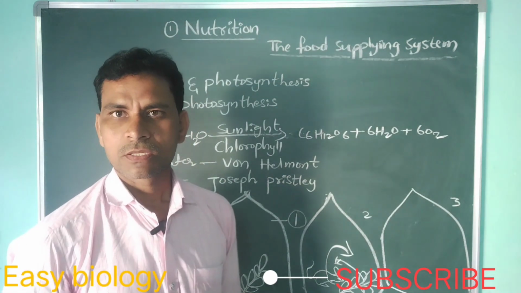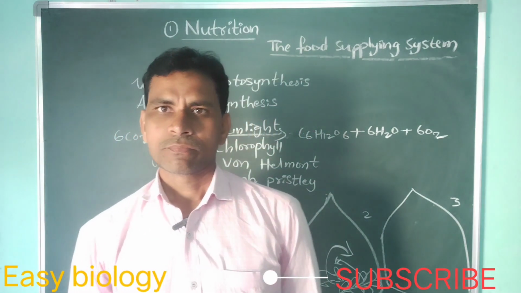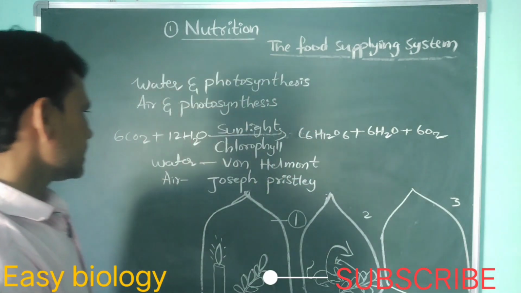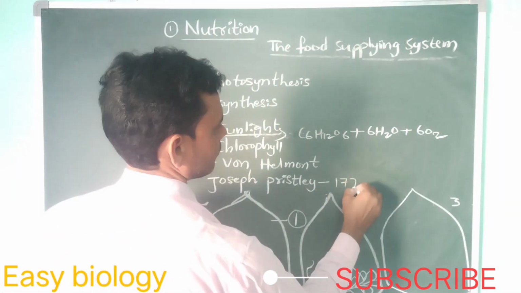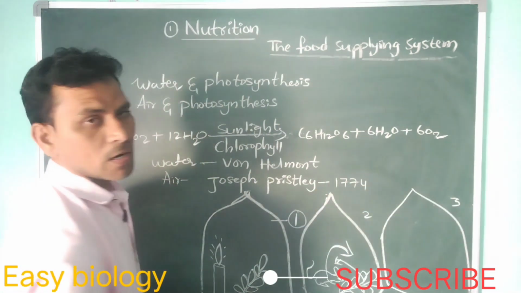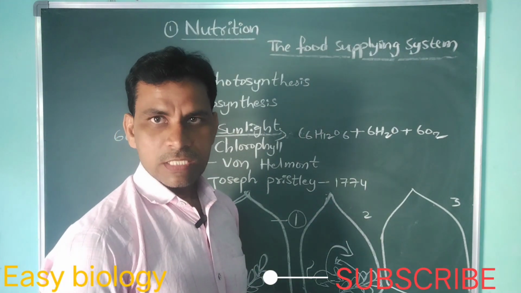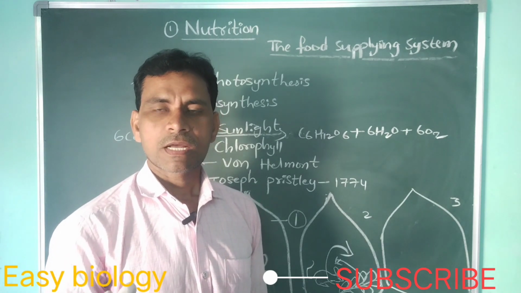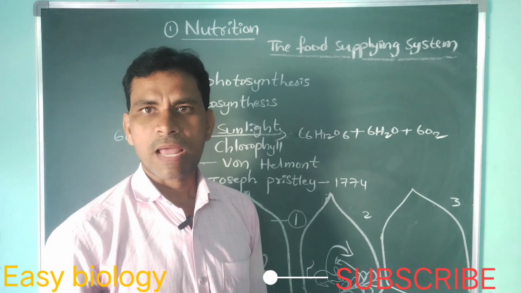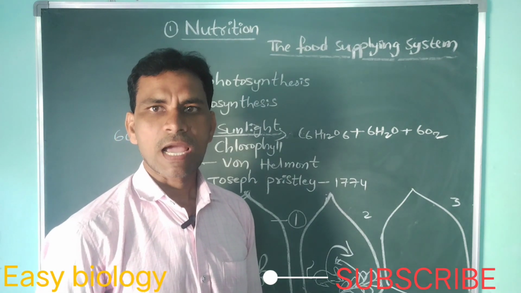He concluded that, but at that time he did not give it any name. This experiment was done in 1774. He discovered oxygen, but did not name it. He just said the gas we take in, we get from the plant, and the gas the plant requires, it gets from the animals.